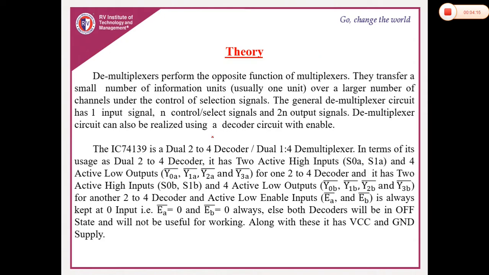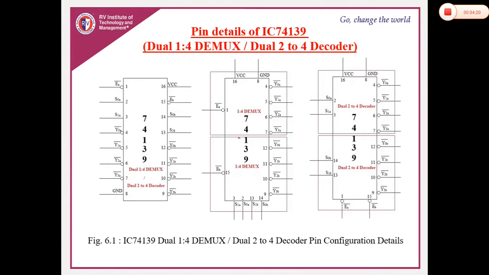The same is why I'm telling this now: we have one dedicated IC here, the 74139 IC, which is a 16-pin IC. You can see it has 16 pins, and all the input pins except a few, like the second pin, third pin, 16th pin and 8th pin, followed by the 13th and 14th pins, are active low input pins.